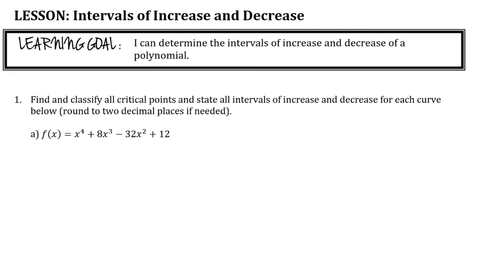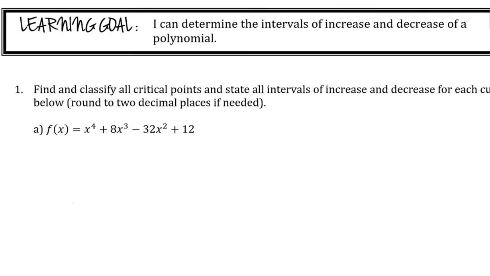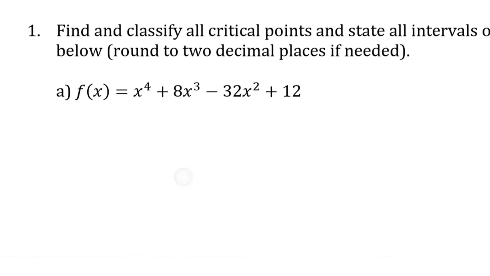So for now, what we want to get used to is looking at this as a fairly strict step-by-step process where we start with a function, and the first thing we're going to do is determine the derivative. And then we want to factor, right?